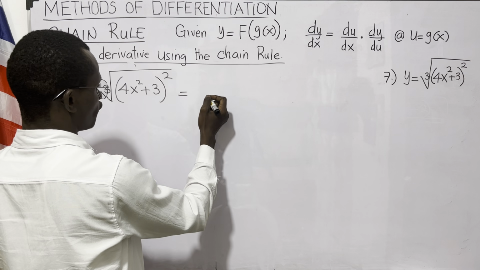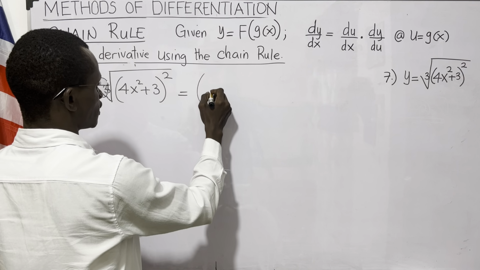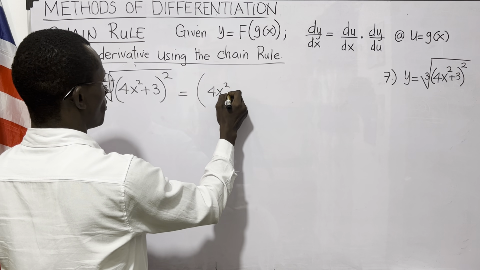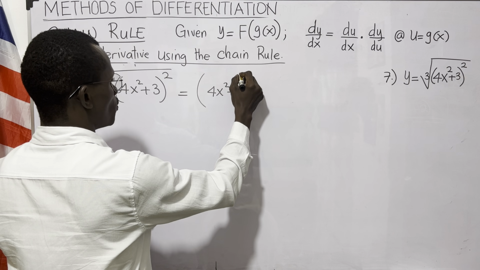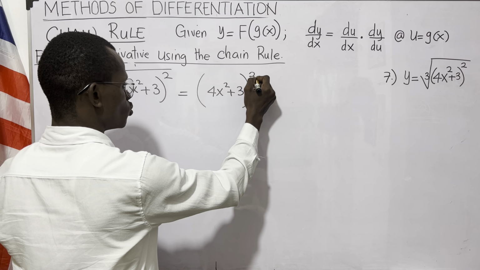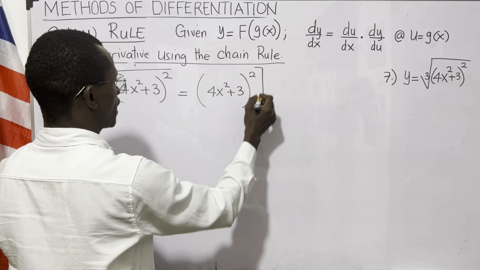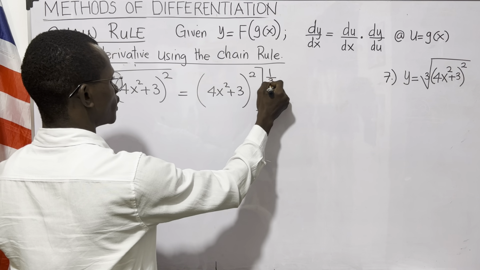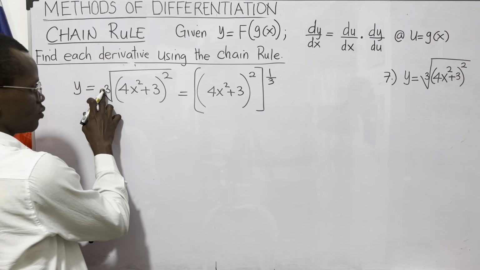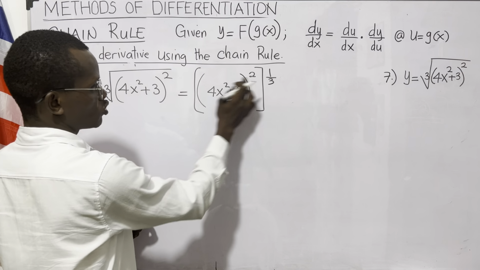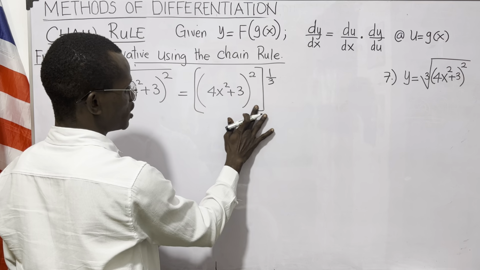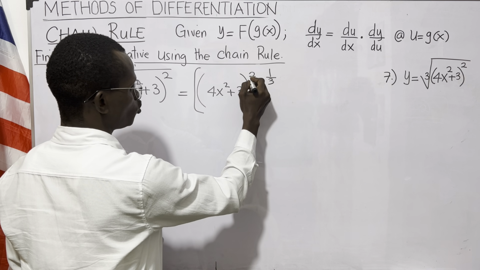In exponent form, we can rewrite this as (4x squared plus 3) raised to the power 2, raised to the power 1/3, because 1/3 is a cube root. If we multiply these two, we just have 2/3.